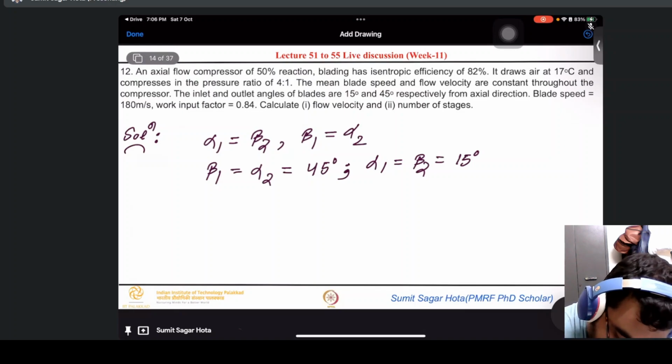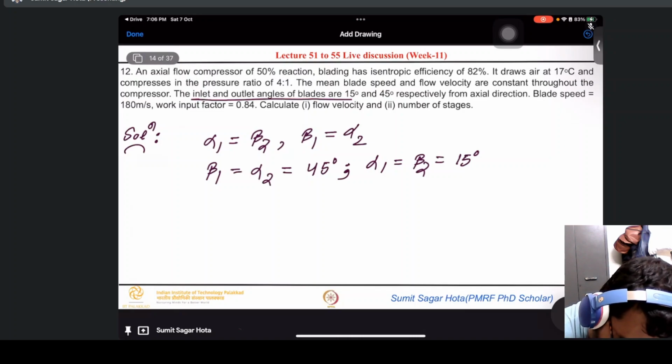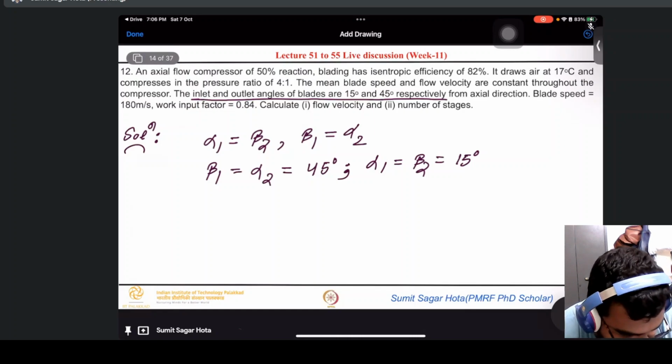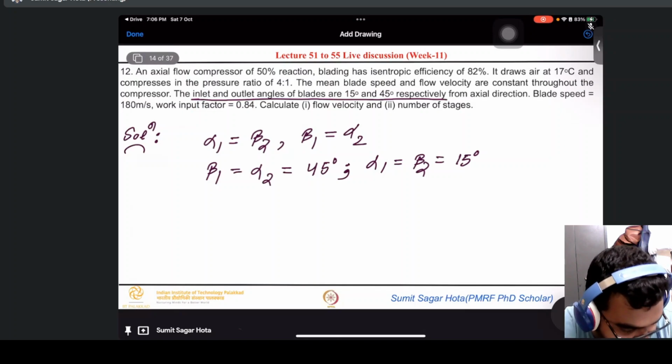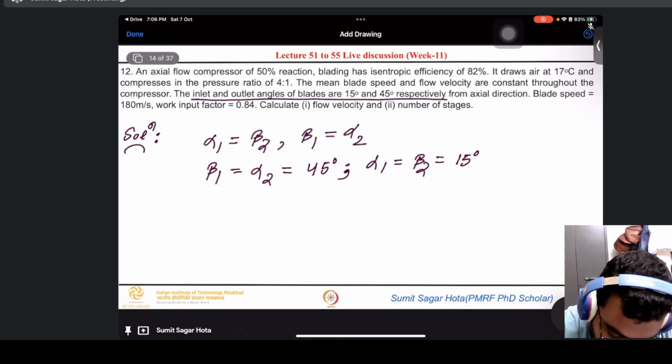It's written that the inlet and the outlet angles of the blades are 15 and 45 degrees respectively. Get it? So the inlet angle and outlet angle are everything given.